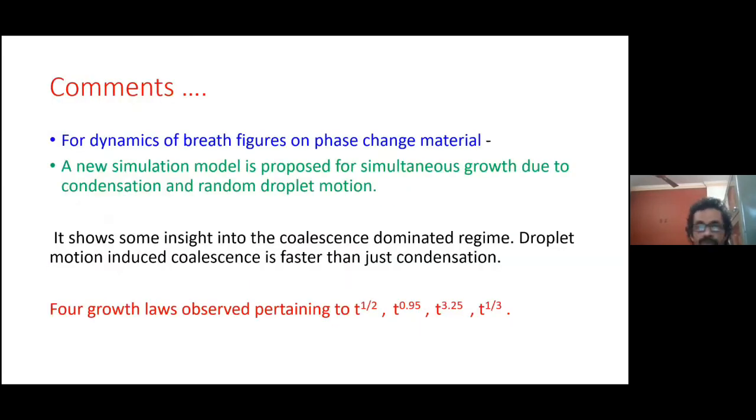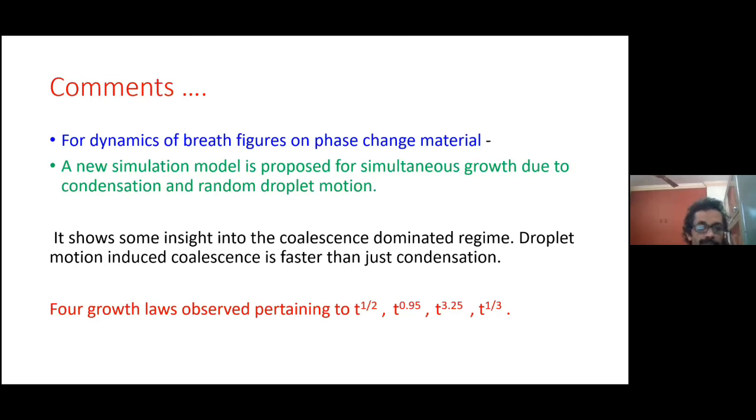Okay, so I think I will come to the conclusions. So these are what we have studied: dynamic substrate effects on phase changing materials. Okay, a new simulation model is proposed for simultaneous growth of condensation and random droplet motion together. It shows some insight into a coalescence-dominated regime, where random motion induced coalescence is much faster than if it is just condensation.